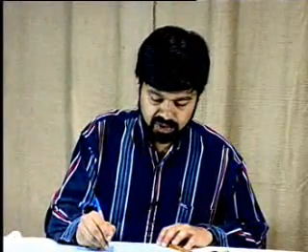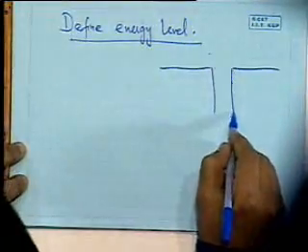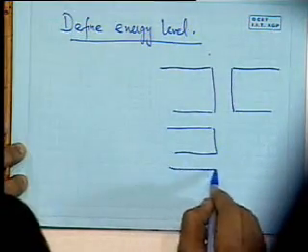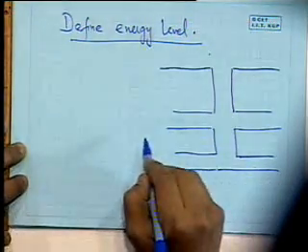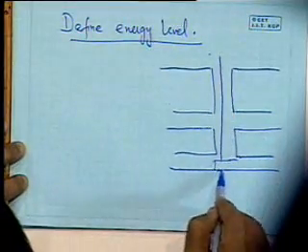I just saw this in a book the other day. If you have an underground mine, and you have a shaft that is going down, and then there are some horizontal shafts where the miners are digging, I'm just drawing two for simplicity. So this is a mine shaft, and there is a lift here.